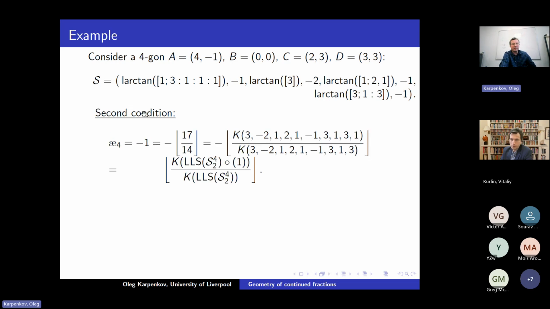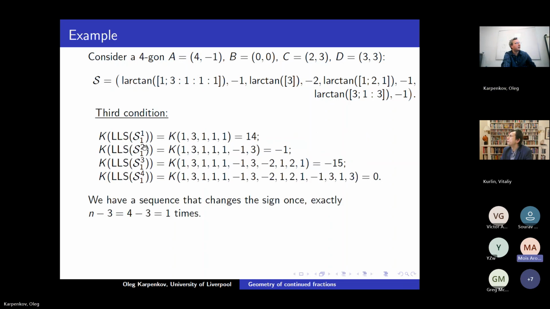The second one is for the curvature: the last curvature should be computed by this formula. And the last condition is about the increasing sequence of such things, which changes sign only one time.